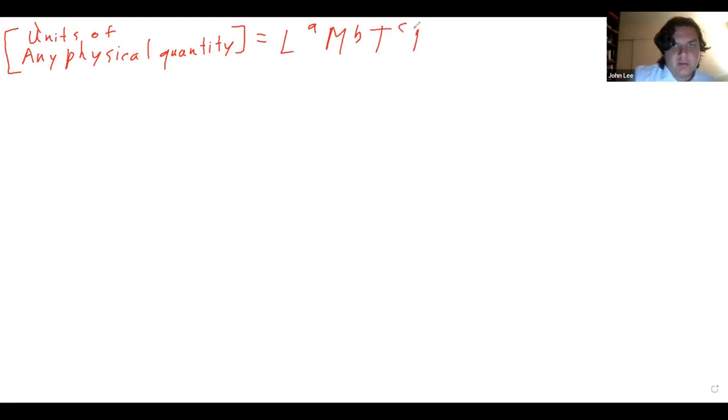current to the D, theta, which is a unit of temperature, to the E, N to the F, which is the units for moles, even though moles aren't really units, I'm going to say, and J to the G, where J is the units of luminosity, which is the candela that we were talking about earlier.